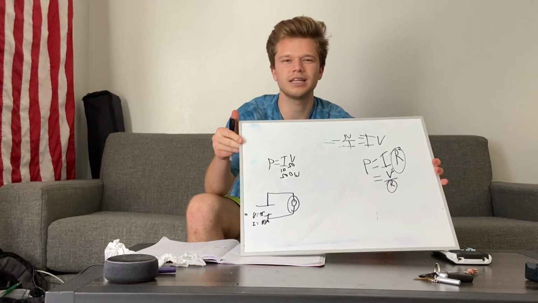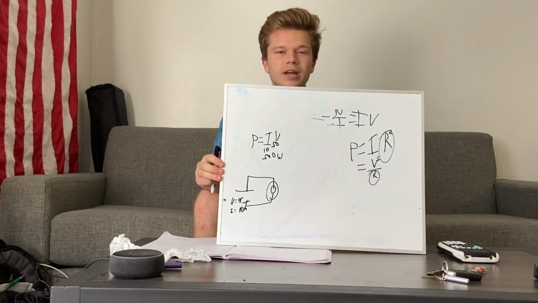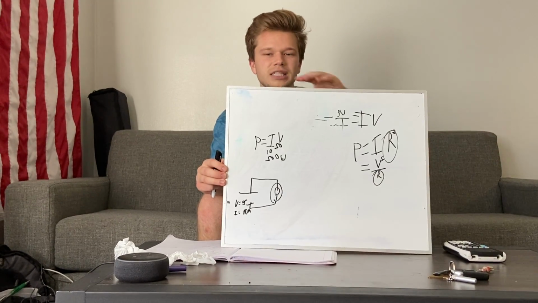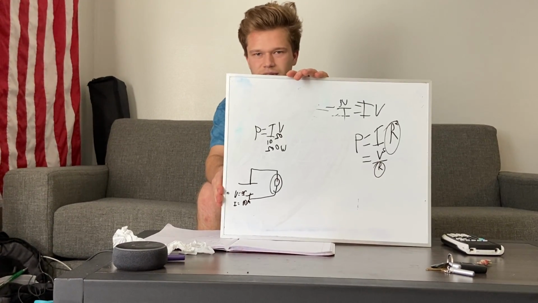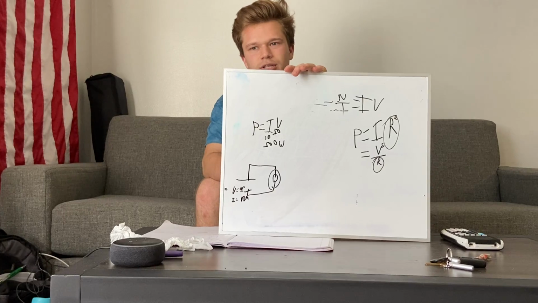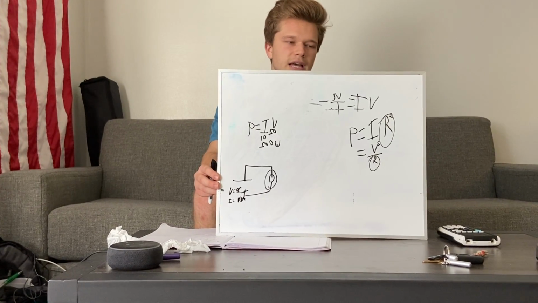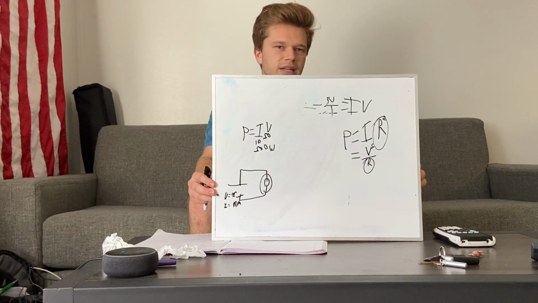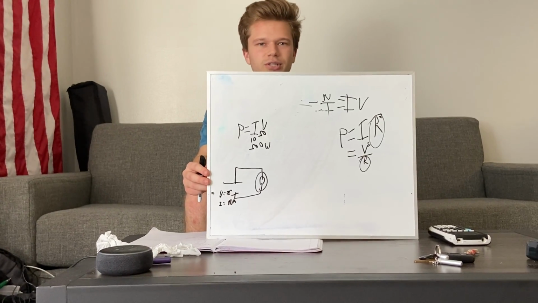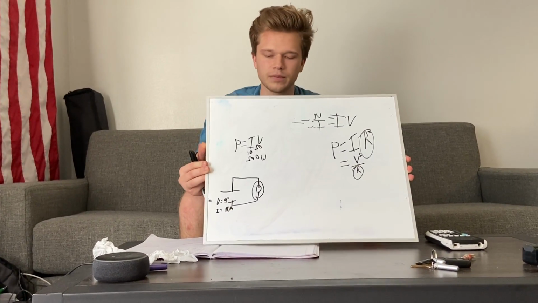And so sometimes you can overload a circuit with way too much power, and the light bulb can't handle it, and so the light bulb would break or burst. But typically that doesn't happen because of resistors in a circuit and whatnot.